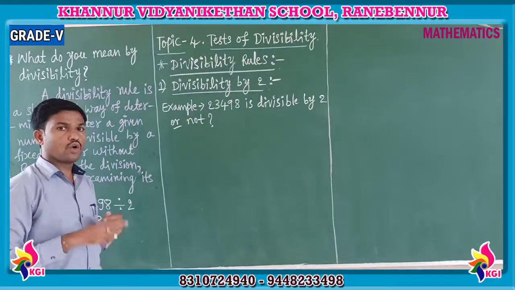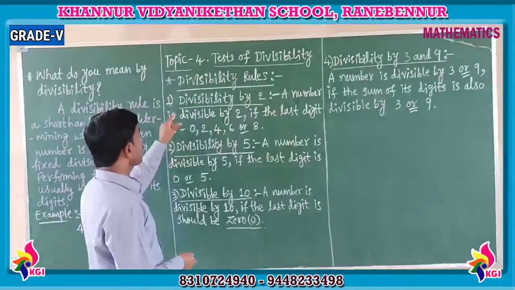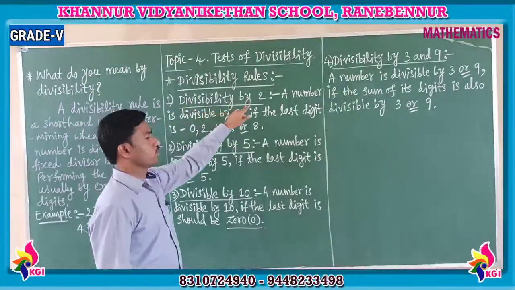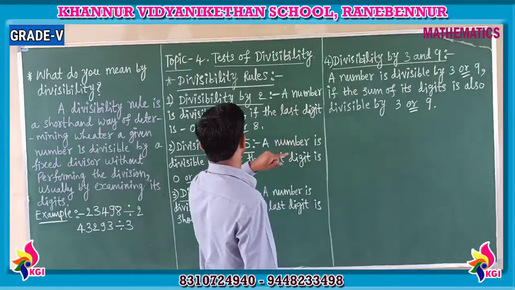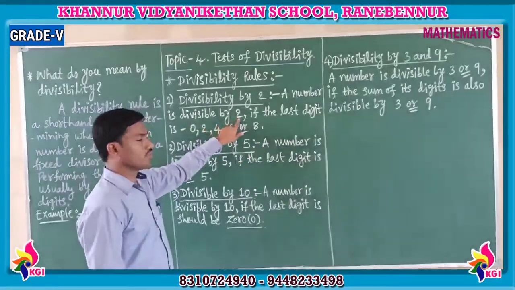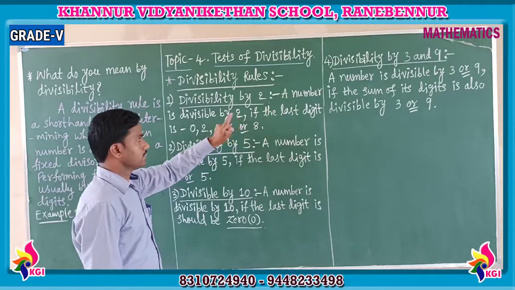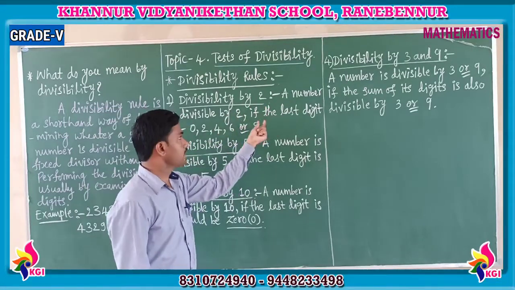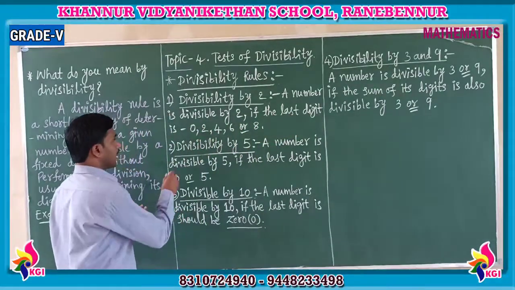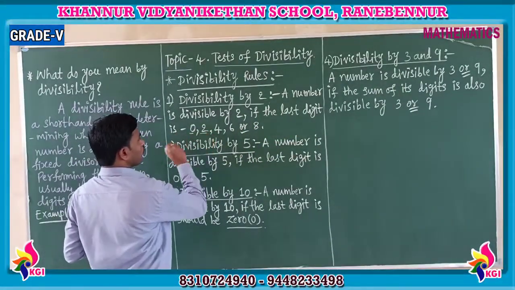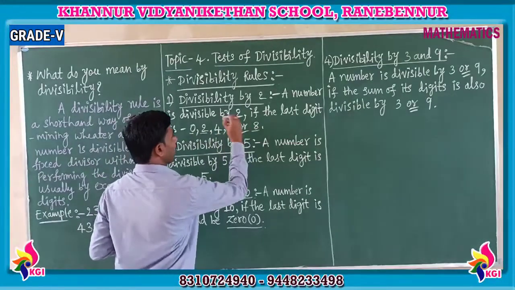How to check? We have one rule, that is divisibility by 2. The first rule is divisibility by 2. A number is divisible by 2 if the last digit is either 0, 2, 4, 6 or 8.